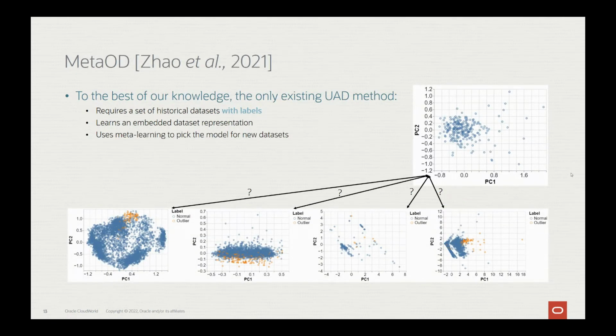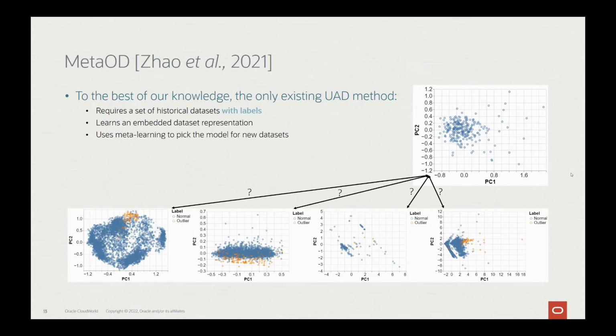Now there's one very recent method out there called MetaOD. To the best of our knowledge, this is the only existing unsupervised anomaly detection method other than our own. Now this method actually requires a set of historical datasets with labels. And then it tries to learn, based on these datasets, a way of identifying which new dataset is most represented by your old one.